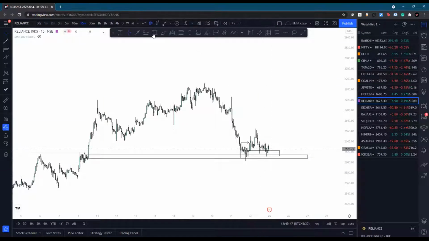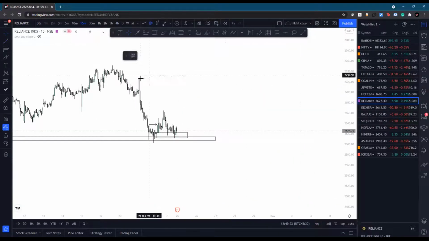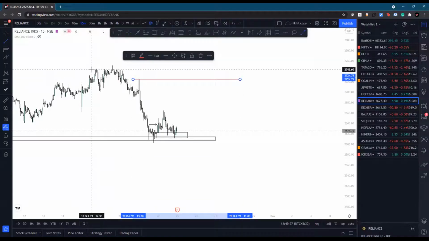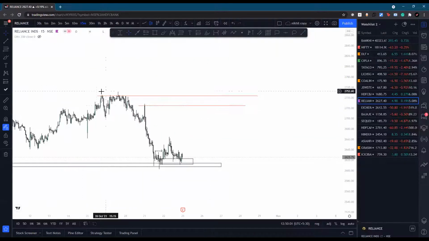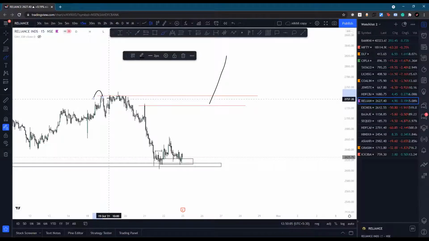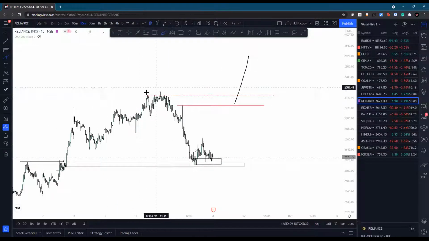Okay, and first target will be this imbalance move. Second target will be these equal highs. Okay, if it breaks those equal highs, it can go even higher because there is enough liquidity above. Okay, people who have shorted at these particular prices, they will get stopped out.